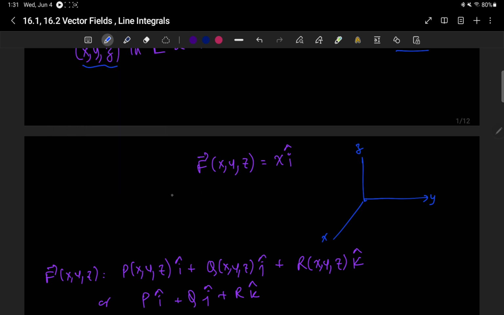Okay, so now if we analyze this, what we notice is, for example, for any 1, y, z, the y and z could be anything, it's i cap. And for any negative 1, y, z, because it doesn't depend on y and z, it's negative i cap. And for any 2, y, z, it's 2 i cap, so twice as long.